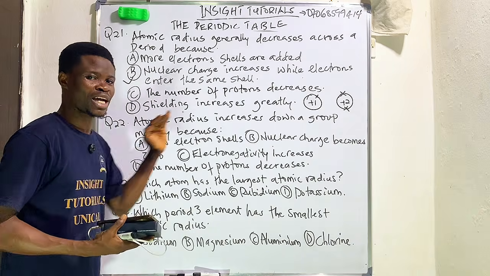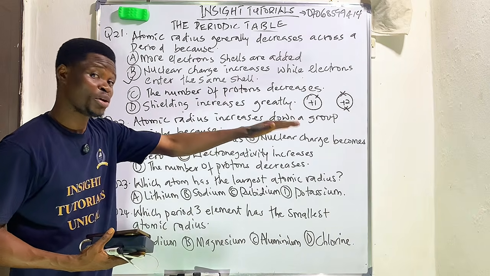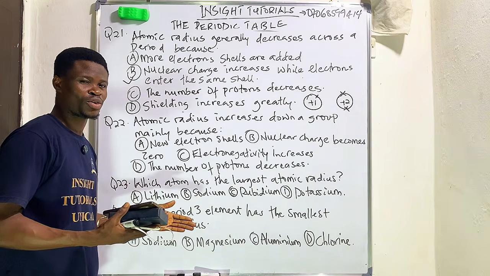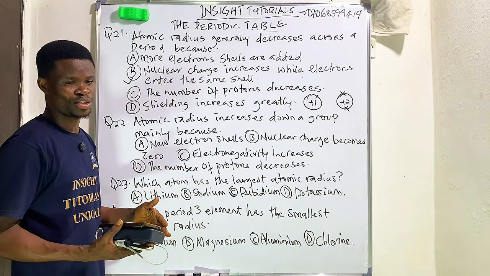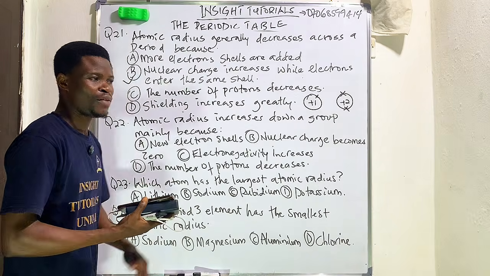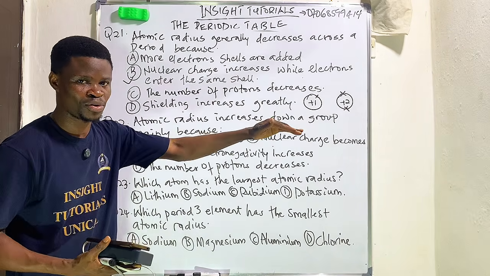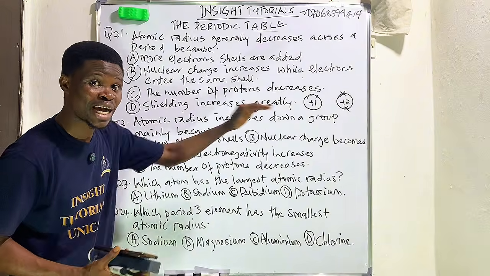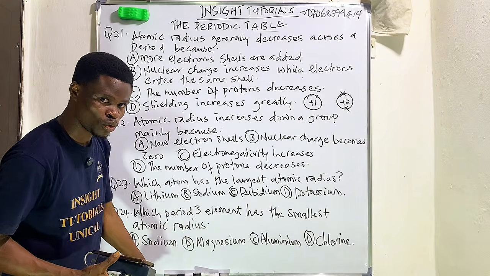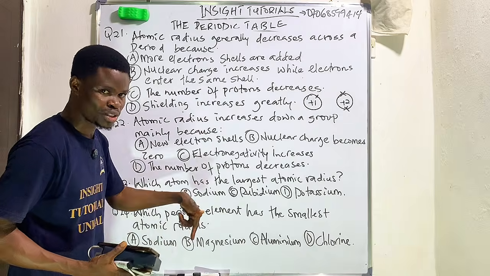Atomic radius decreases across the period, but it increases down the group. Electronegativity, on the other hand, and even ionization energy, do the opposite of what atomic radius does. If atomic radius is decreasing across the period, they increase across the period. And if atomic radius increases down the group, they reduce down the group.